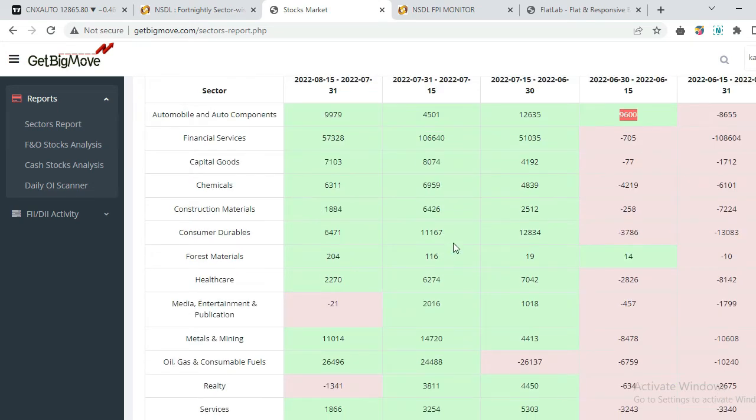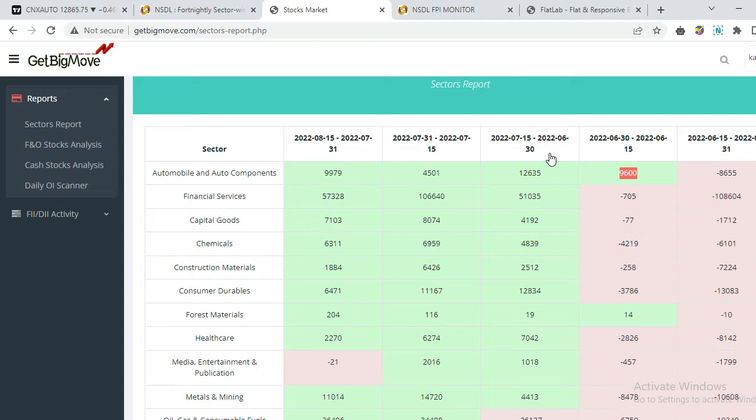Same you can see from 15th June onward, they are just pumping money into the system. When the market was nearly 15,500 to 16,000 and we were withdrawing money due to the war and that situation, the FPIs were actually pumping in money. They were smartly buying the stocks at lower levels.